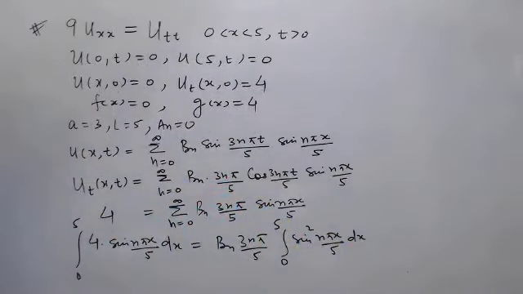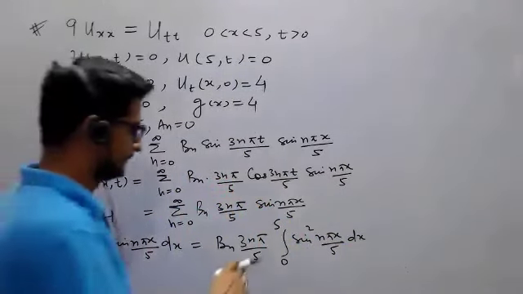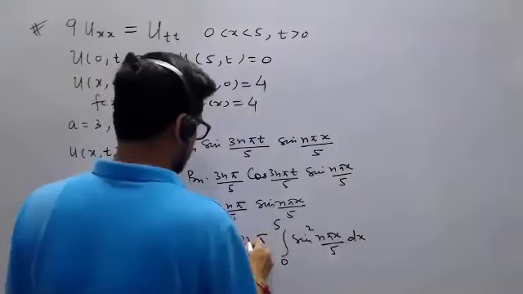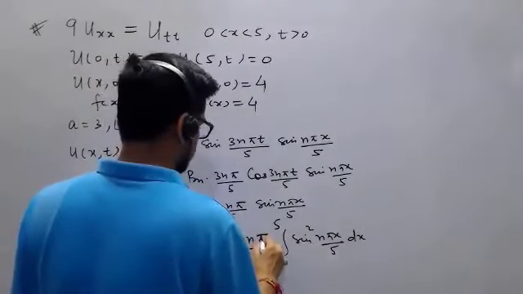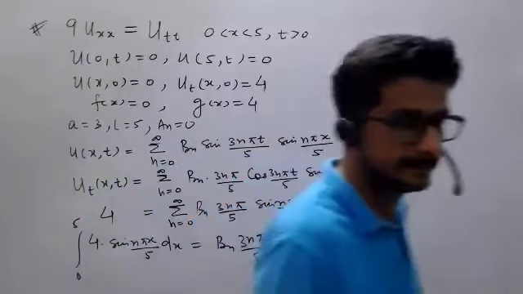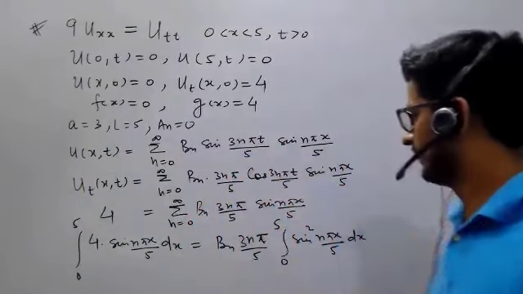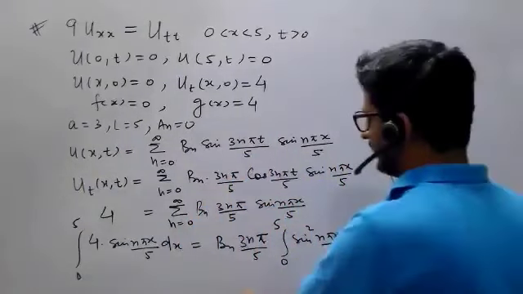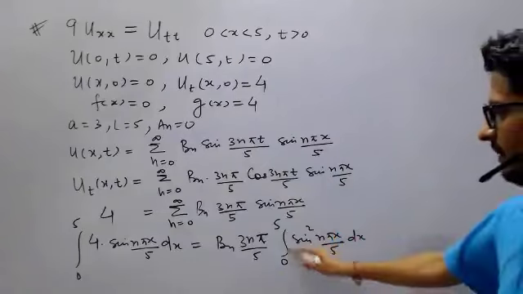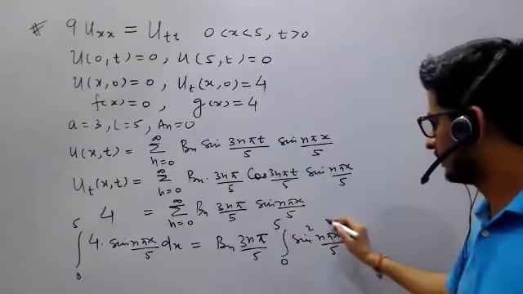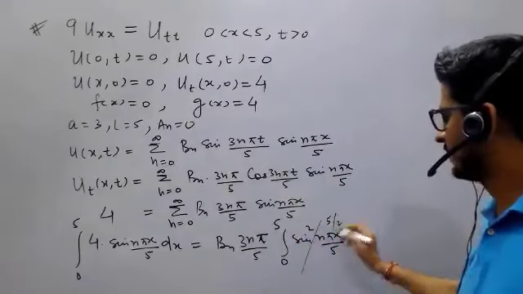Correct? Is that okay? And this is going to give, so now we have actually got this value, this will become upper limit by 2, so this will just become 5 by 2.